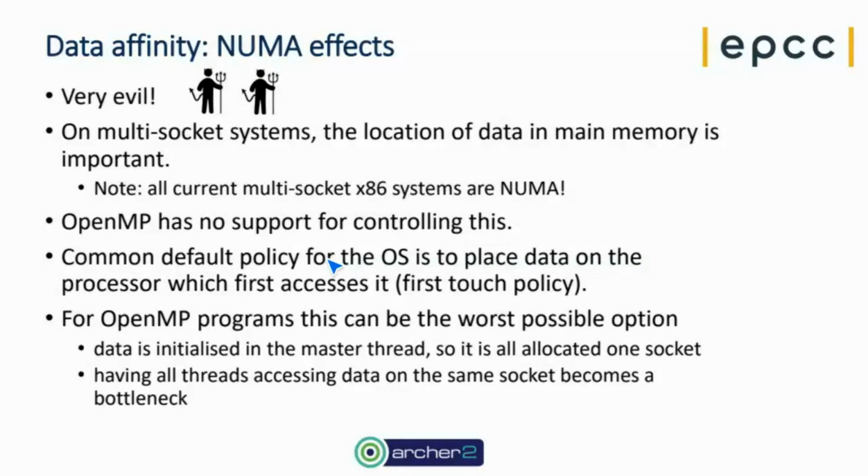But for OpenMP programs, if your data is initialized in the master thread, it will all get allocated into one socket or NUMA domain. And then having all the other threads accessing the data on that same socket becomes a bottleneck. You're effectively restricting your available memory bandwidth to a single NUMA domain.